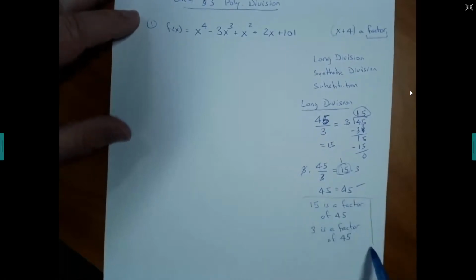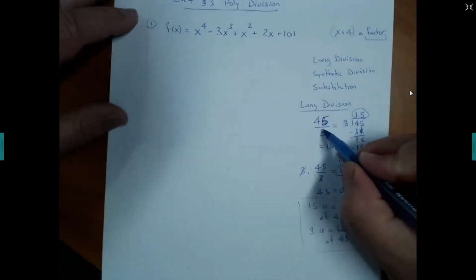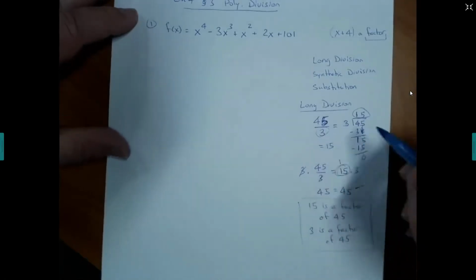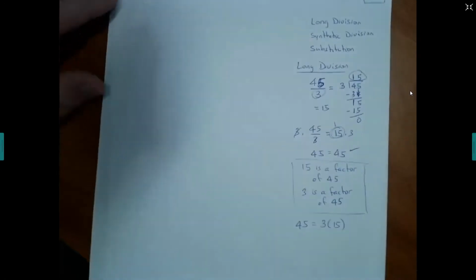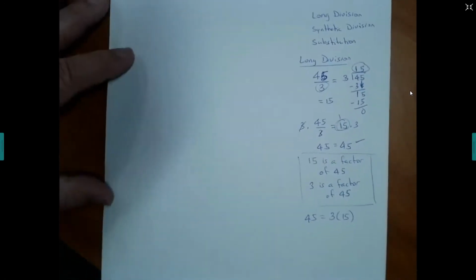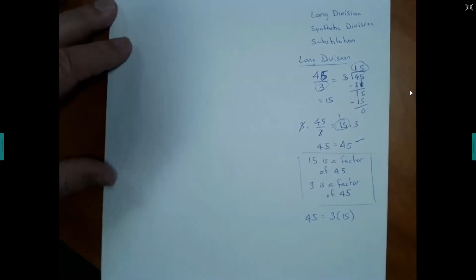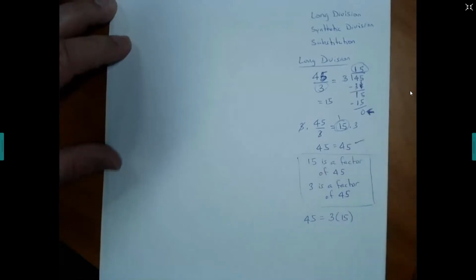This is what's important, what we're looking at here. This is a factor of 45, and that's a factor. So in other words, 45 can be written as 3 times 15. Those are the factors. Also, it's important, the remainder equals 0.